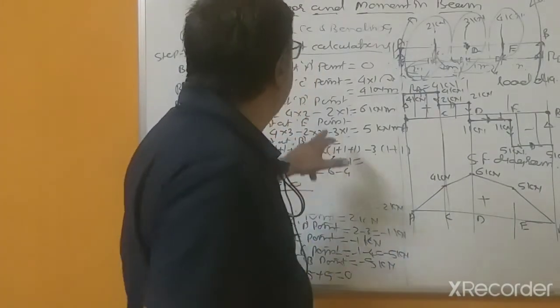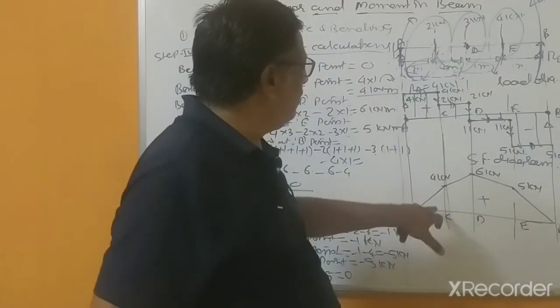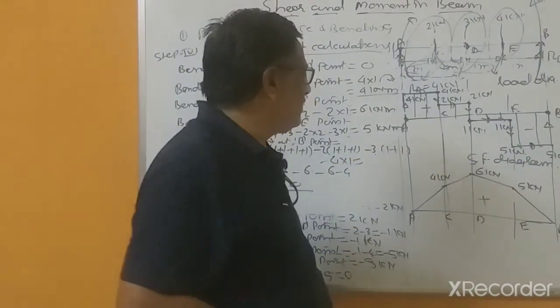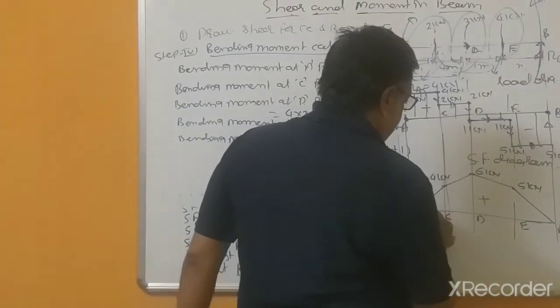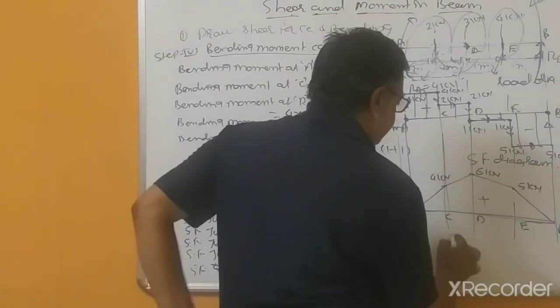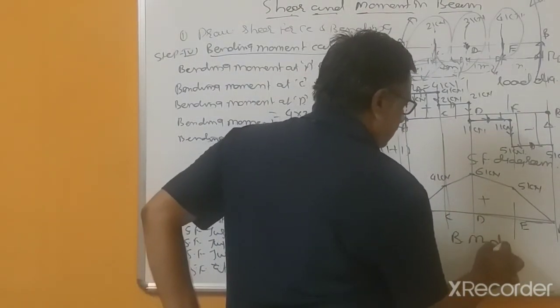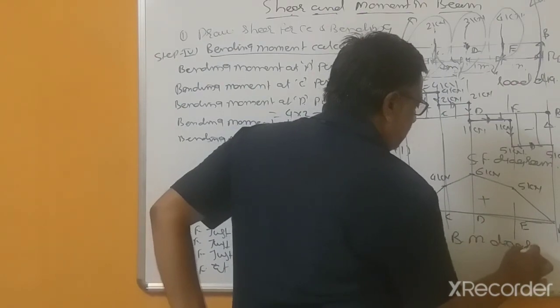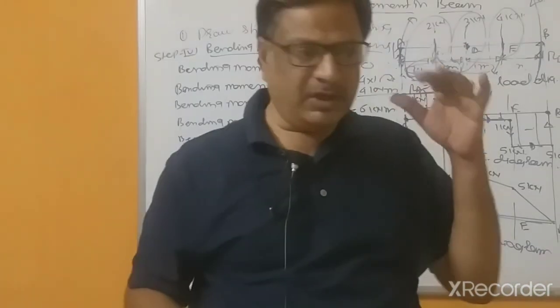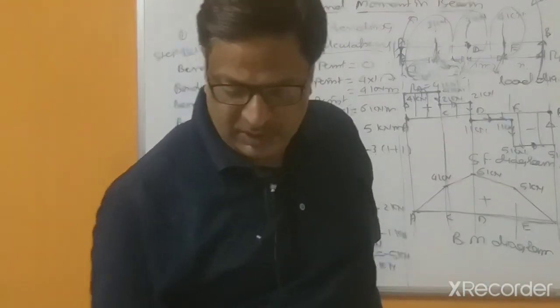Because this is positive, for positive you have to consider above the x-axis or above the beam. So this is called a positive bending moment diagram. So the fifth and sixth steps are drawing the shear force diagram and drawing the bending moment diagram.